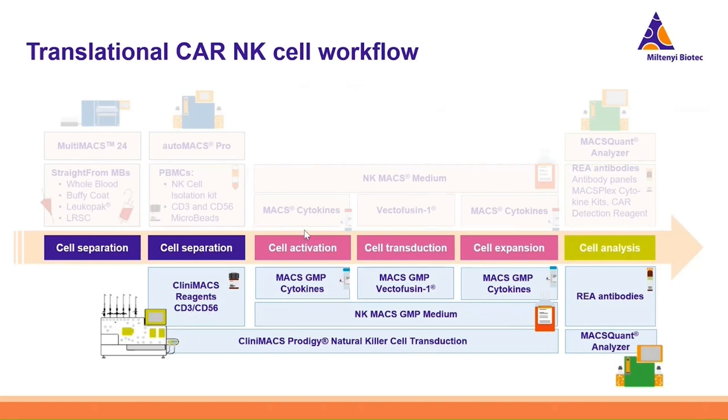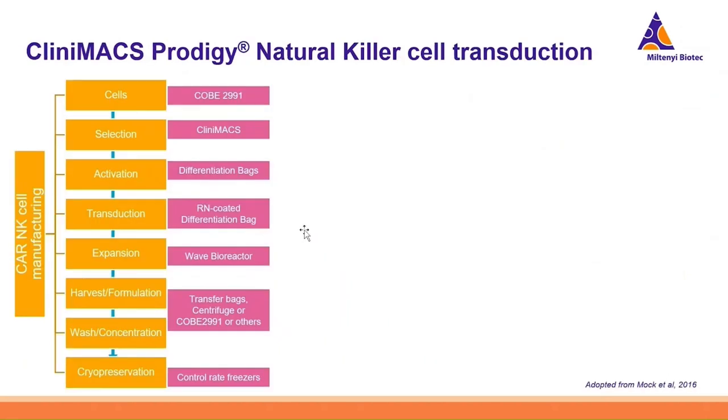Whenever you translate your research into the clinic, it is a complicated process in which the cells have to go through different steps. All these steps normally need to be done in a manual setting, requiring quite a lot of equipment. These open steps are also a risk because you can contaminate your cells.